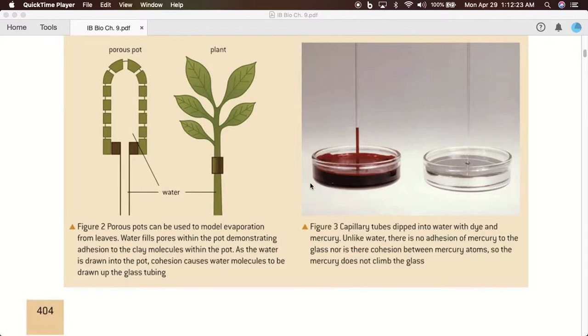And together, cohesion and adhesion cause the property of capillary action, which allows water to climb up these thin tubes because it's attracted to itself. So it forms the water column, and it's also attracted to the inside of that glass tube, so it climbs up that water column. And the xylem is basically just a really, really thin tube, which allows water to climb up.